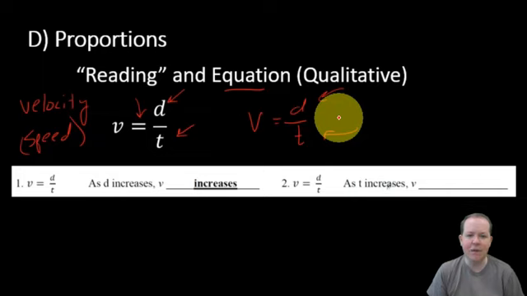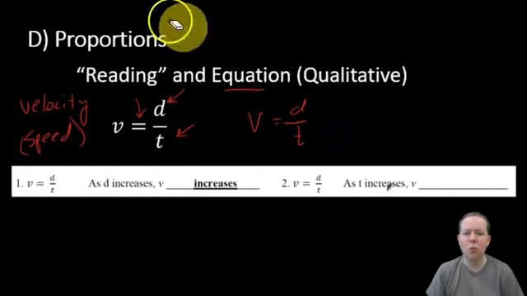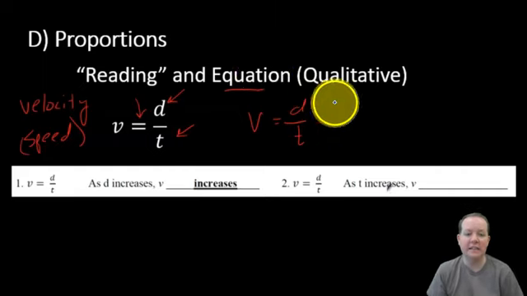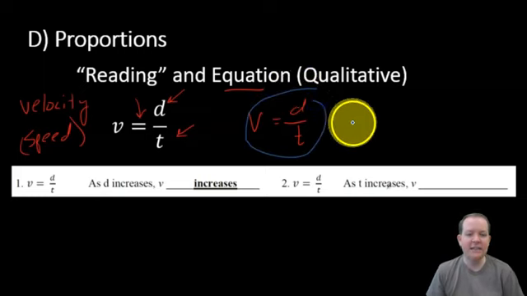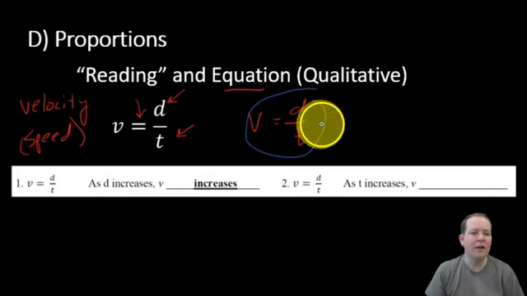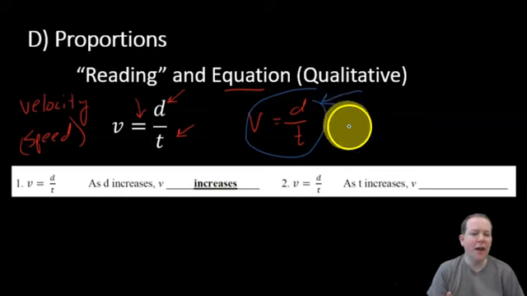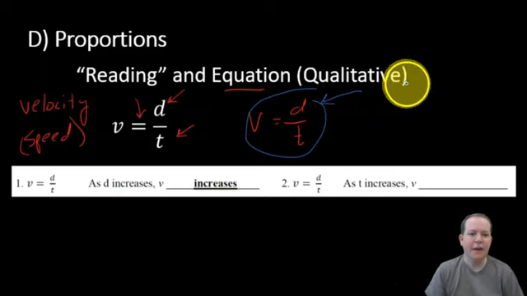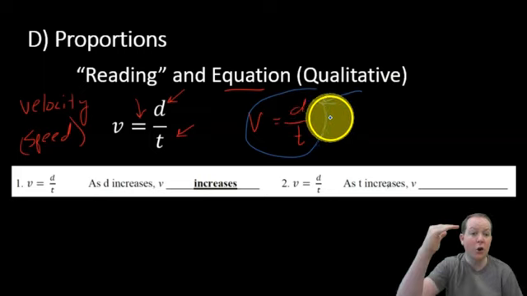The other thing to recognize is that we can then use this equation to analyze different scenarios. For example, here's my equation. Let's say I have an object that has a certain velocity, and then another object that travels a larger distance. If it traveled a larger distance, that means the numerator, the top part of the fraction, is bigger.